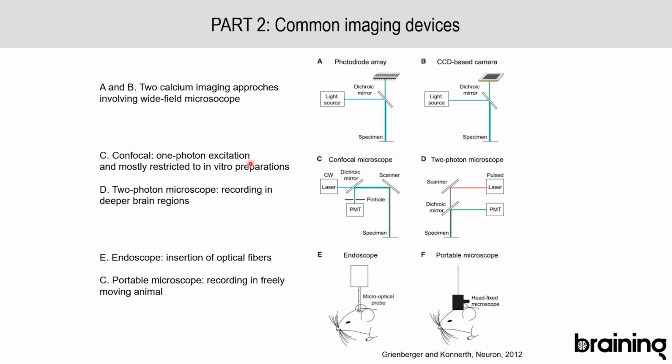But of course, if we want more definition, we can use a confocal microscope. We can also use the two-photon microscope to have a big resolution of specific processes in the neurons or in the astrocytes or in microglia, for instance.